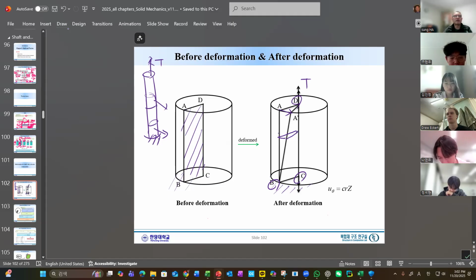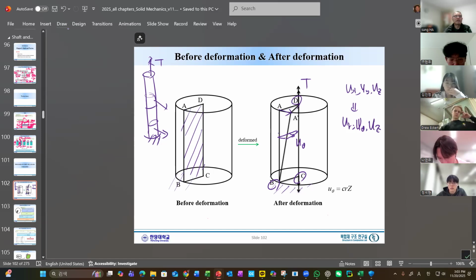If you try to understand any point inside, then this will be a U theta. We can define a point's displacement as UX, UY, and UZ, but in polar coordinates we can say UR, U theta, and UZ, the R, theta, Z coordinates.